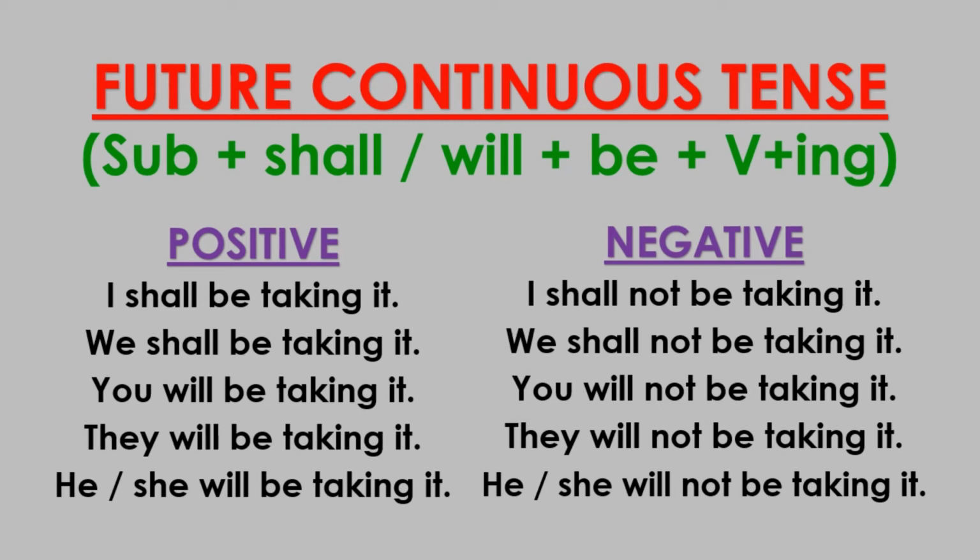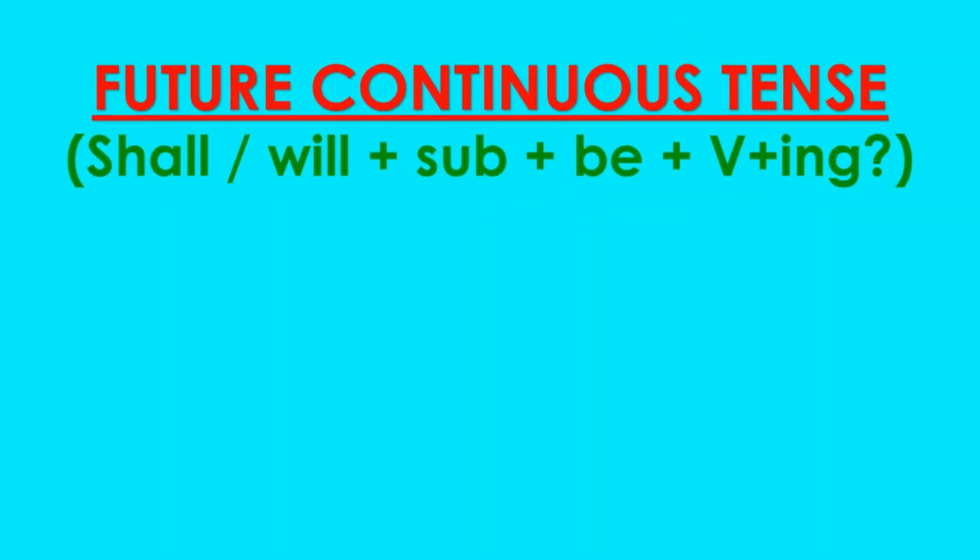Let us now see how questions are framed in future continuous tense. Now once again students, because these are questions, they should begin with the auxiliary verbs. And once again, it is either shall or will, followed by the subject, followed by be, and finally will come the ing form of the verb.